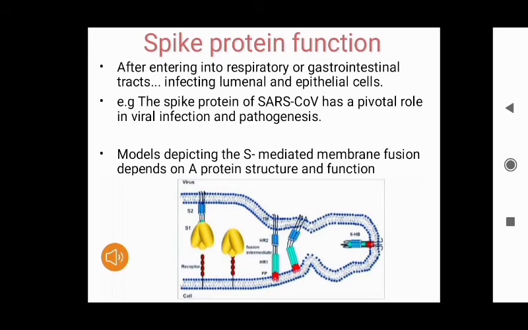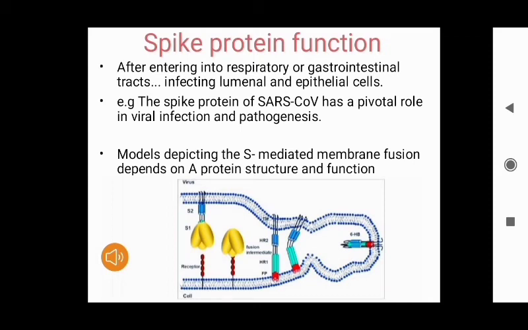Now, what is the function of spike proteins? The COVs are widely distributed in nature, and their zoonotic transmission into human populations can cause epidemic diseases. After entering into the respiratory or gastrointestinal tract, these viruses establish themselves by entering and infecting lumenal macrophages and epithelial cells.